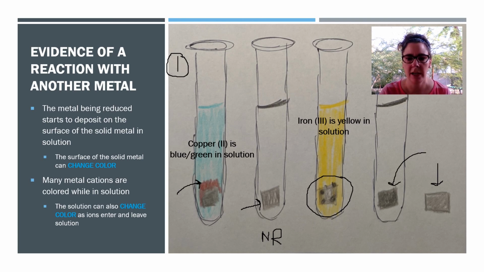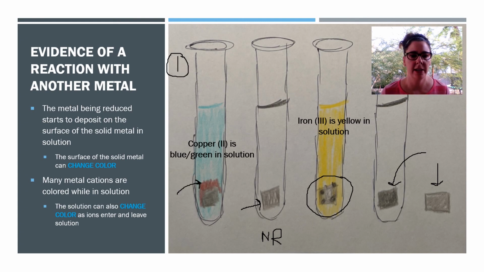The metal is just a slightly darker shade of gray. So this one we would really want to put next to our original source metal to directly compare to see if we do see any differences. Okay, so those are observations you're going to be recording on your report sheet: what changes you see happening on the surface of the metal.